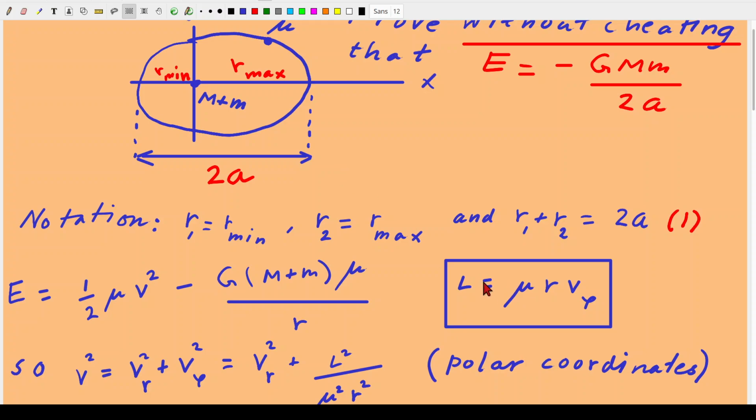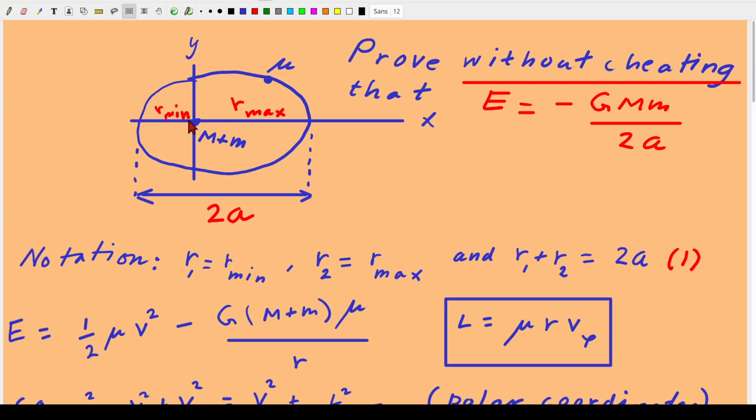And we can also easily show that the angular momentum for any r equals mu r times the velocity in the phi direction. If you think about polar coordinates, if there is a speed somewhere, you can divide it into one speed in the r direction and one speed in the orthogonal phi direction.